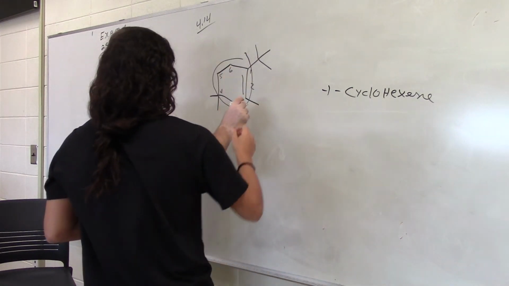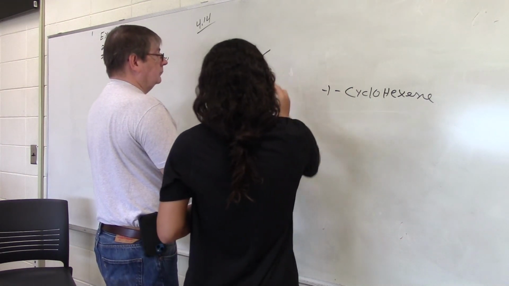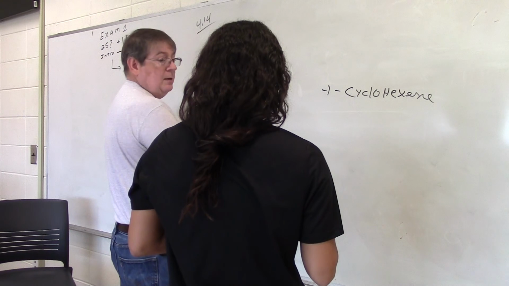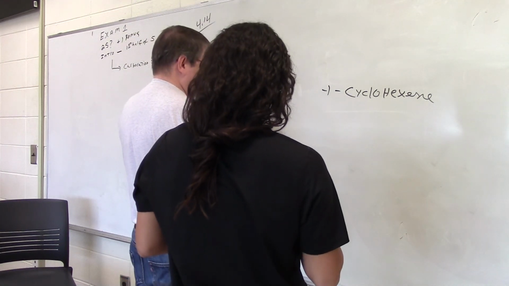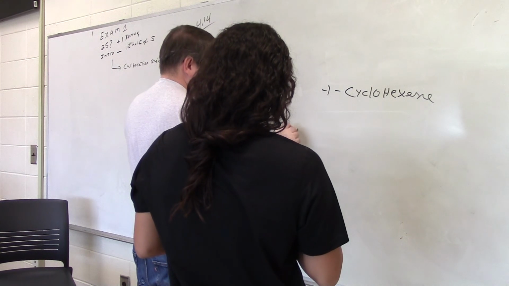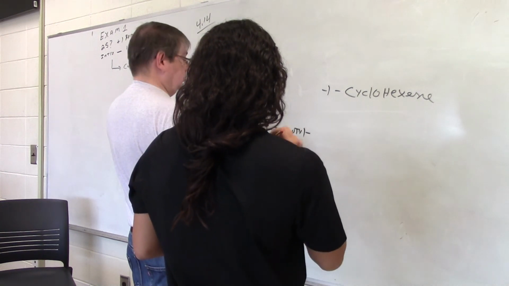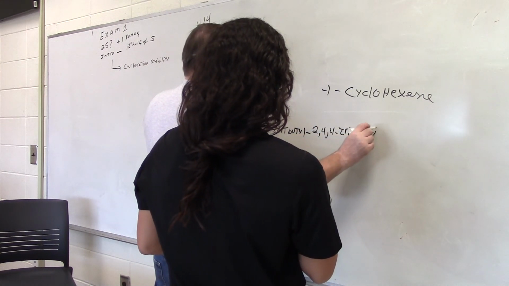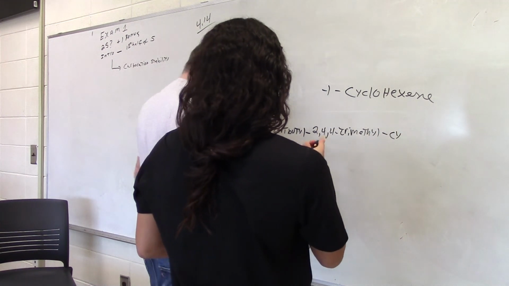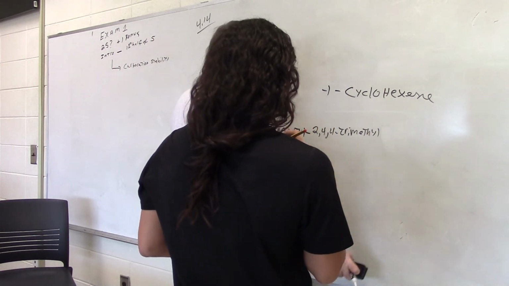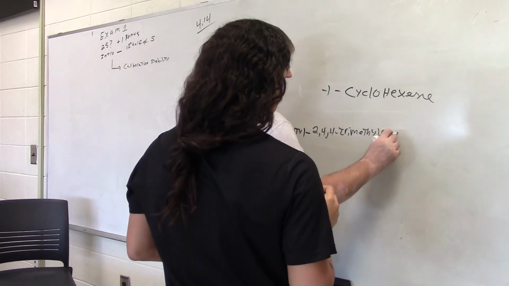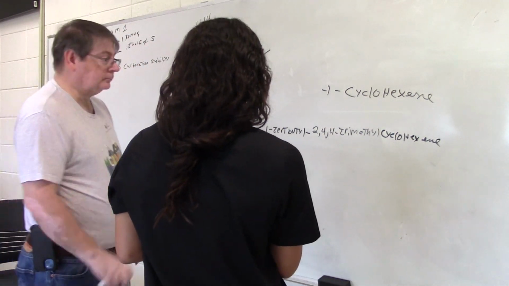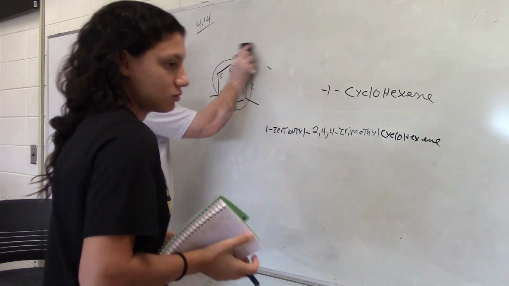We have a trimethyl right here, and then we have a tert-butyl. B for butyl comes before M in methyl, right? So it's going to be 1-tert-butyl, and it's this part that I wasn't sure. I wrote 2,4,4-trimethyl cyclohexene. I didn't write the 1 though because that's implied. Yeah, it's implied. If you had written it, I wouldn't have counted it wrong. That's the name. Awesome, so I did get it right. Looks right to me. Yep, good deal.